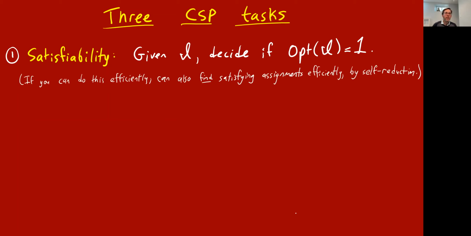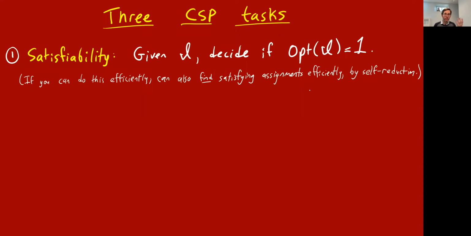And you might also ask, if you find out that it's satisfiable, you might want to find a satisfying assignment. But actually, if you can efficiently decide if a CSP is satisfiable, then you can also efficiently find satisfying assignments for it. And that's by a self-reduction trick. You just try setting the first variable to some domain value and ask yourself again, hey, is it satisfiable?